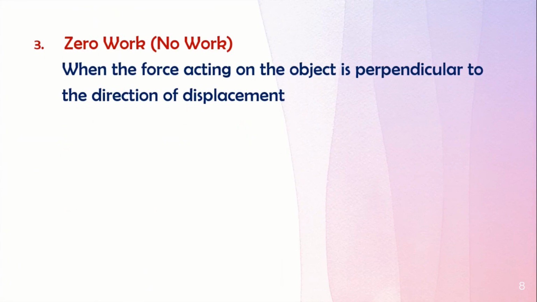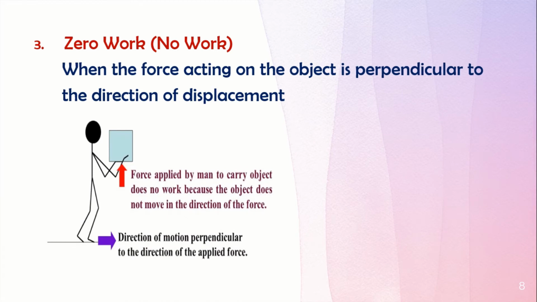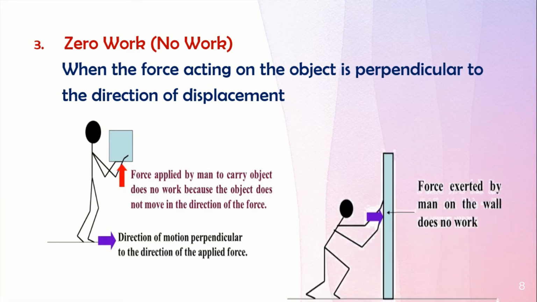The third, zero work or no work, when the force acting on the object is perpendicular to the direction of displacement. Picture 1. Force applied by man to carry an object does no work because the object does not move in the direction of the force. Direction of motion is perpendicular to the direction of the applied force.